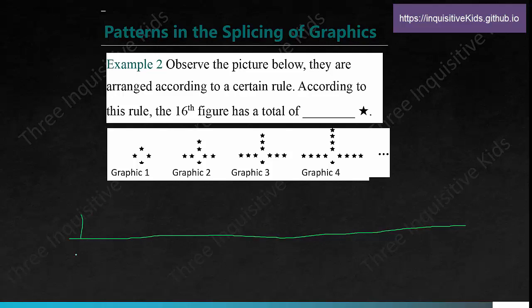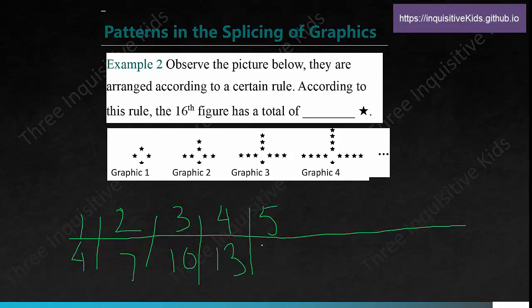So number 1 has 4, number 2 has 7, number 3 has 10, number 4 has 13, and so on. So let me ask you, what will the 5th graphic have? How many stars will it be? It'll be 13 and then you add 3, which is going to give us 16.